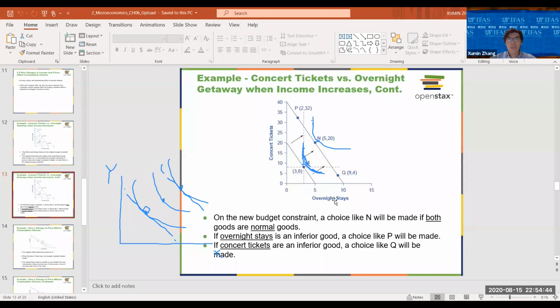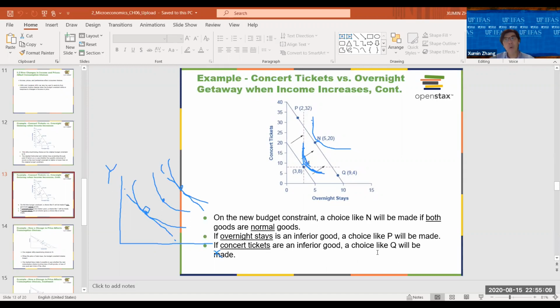goods. The reason is simple, because if we compare M and N, you can see that both sides increased the quantity, right? And then here it gives us a hint. This example is not good, but they said overnight stay is an inferior good. Although it makes no sense at all, just imagine if it is an inferior good.